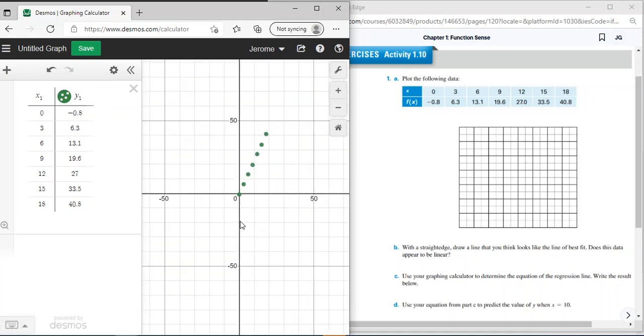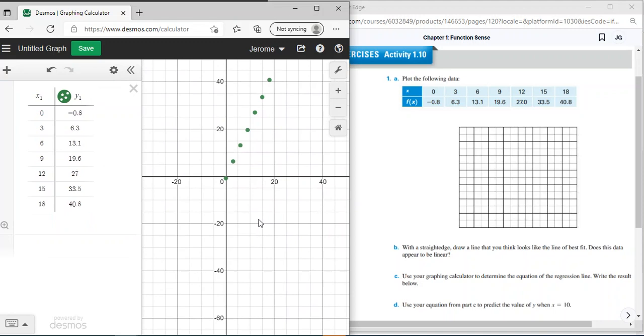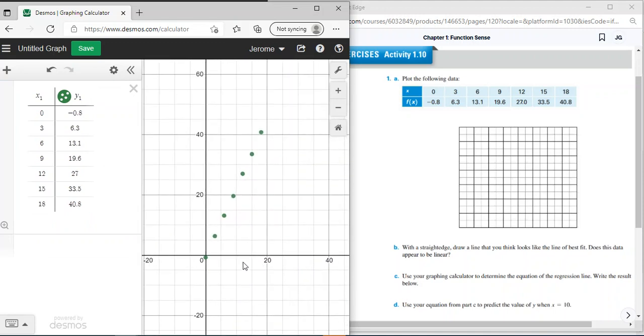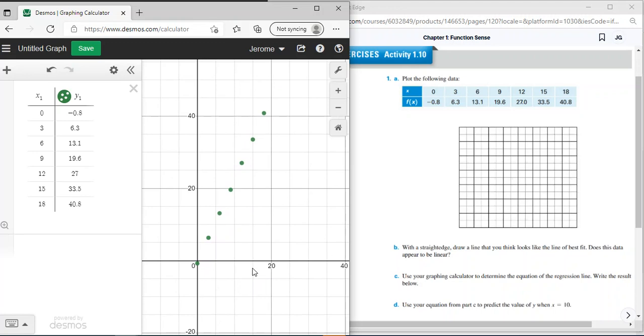Okay, as you see here, they look like they almost form a straight line here. All right. So we have our graph. And it says, with a straight edge, draw a line that you think looks like the line of best fit. Does this data appear to be linear? Now, if you look here, you draw a line here, it'll be almost a straight line.